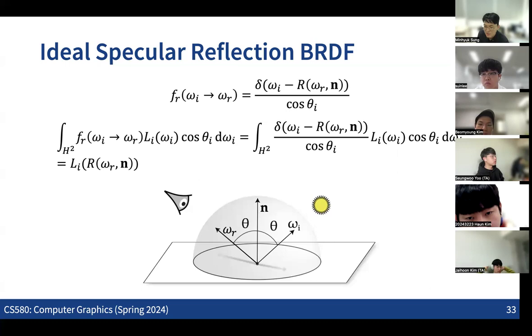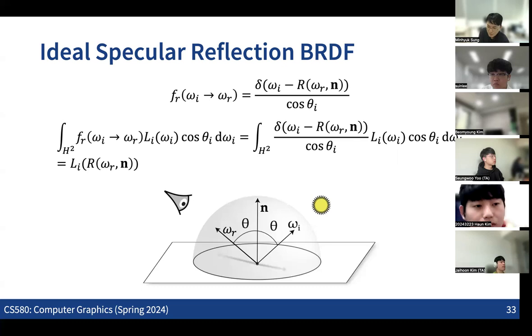Which means that while it looks like we are making the computation easier, it can actually involve a computation with a very long path. Otherwise, there is no way that we can calculate this integral.